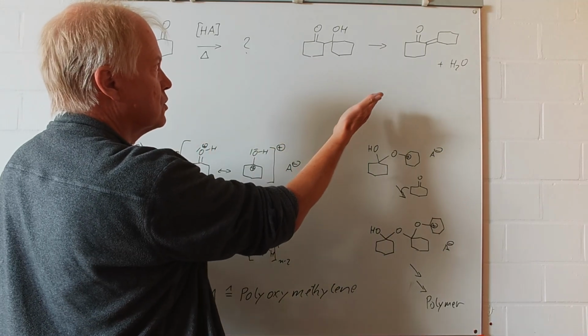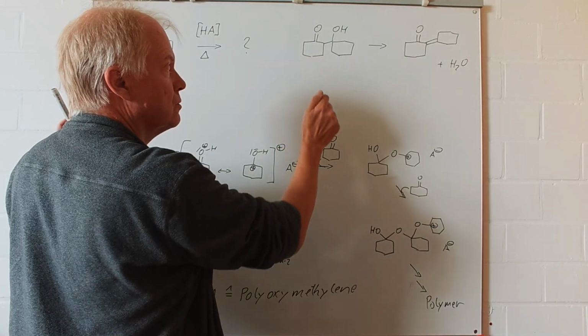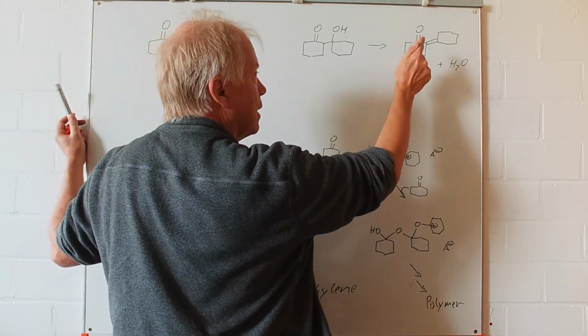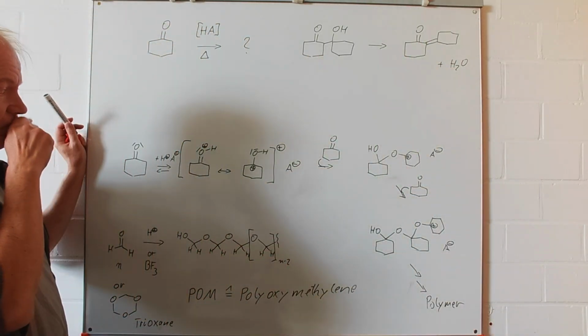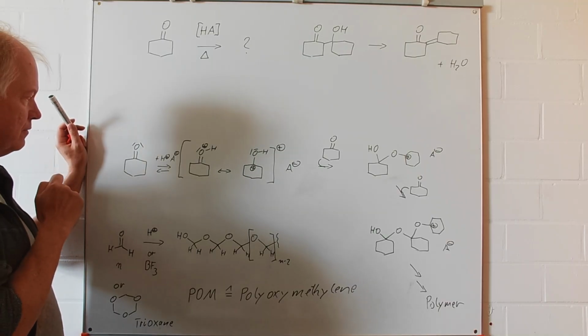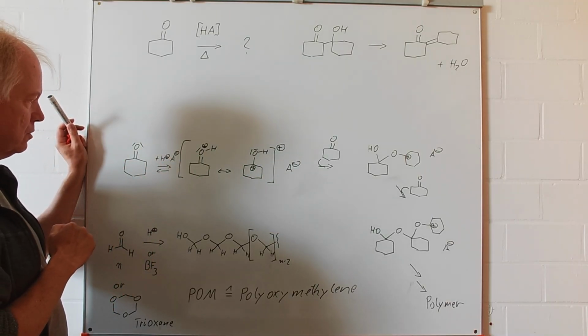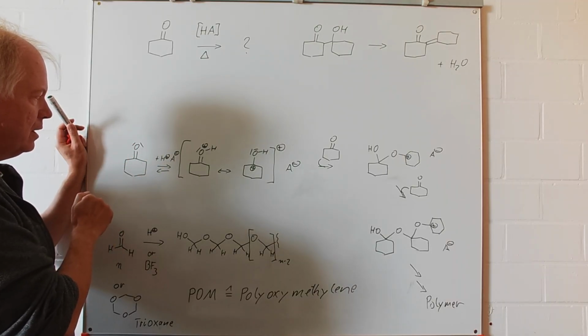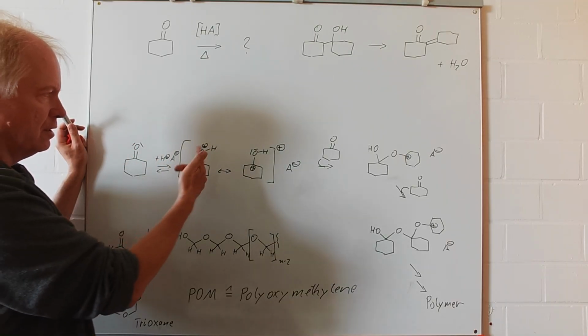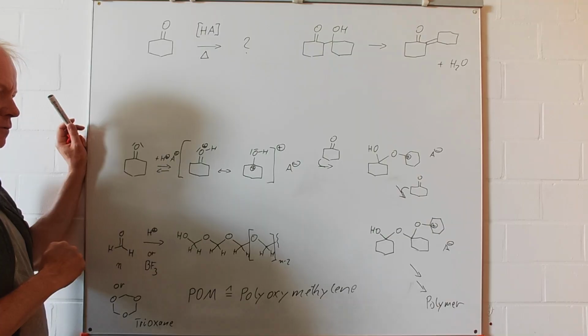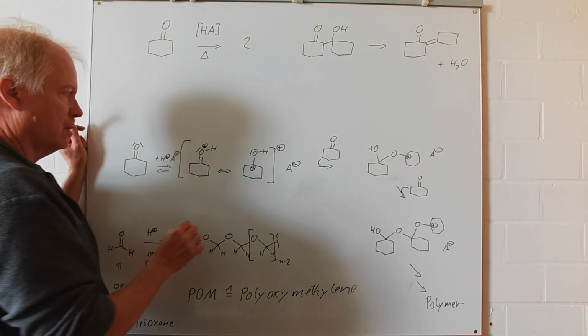Well, this reaction is an aldol addition reaction followed by aldol condensation. So, one answer we received was discussing the mechanism. The carbonyl is protonated. We have this reactive intermediate.